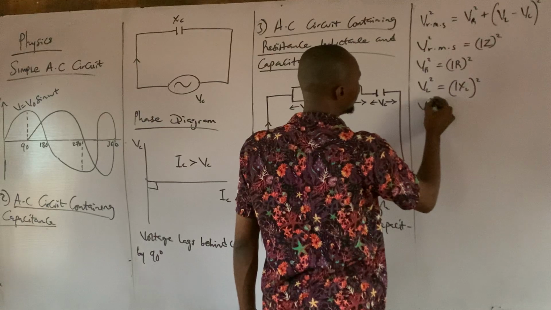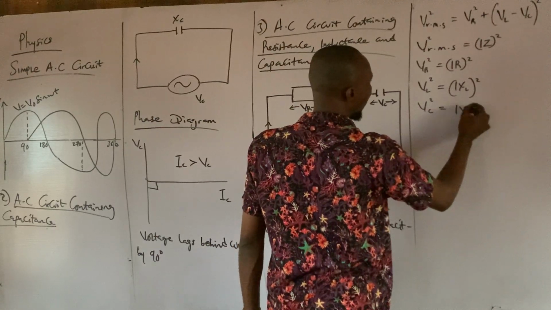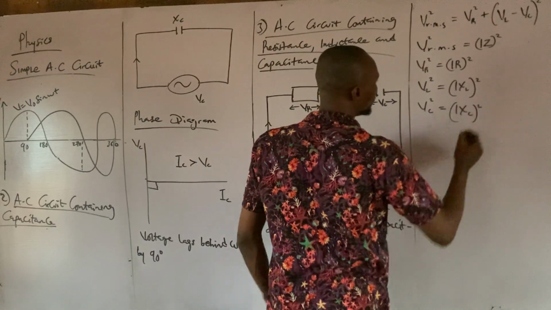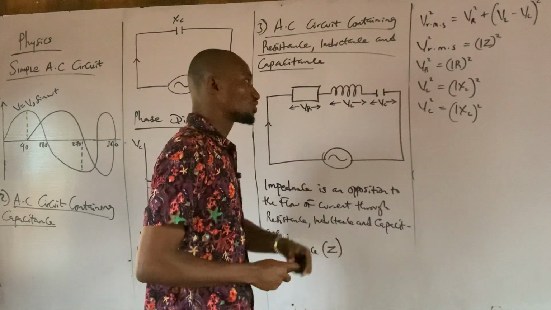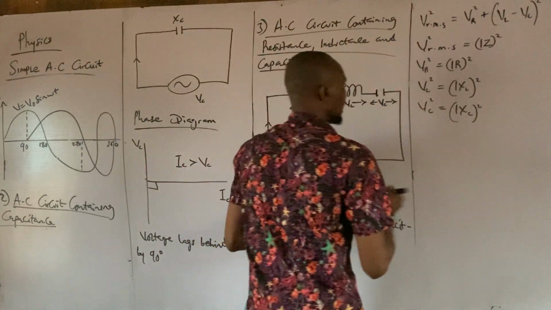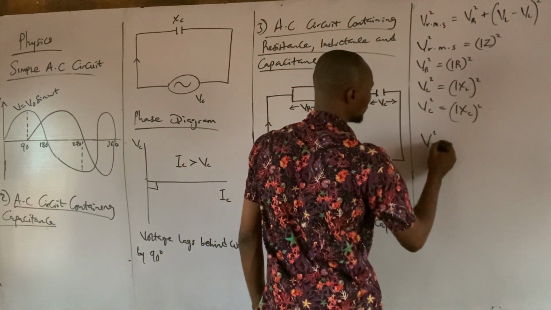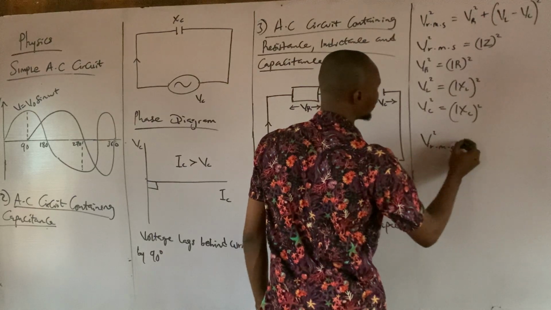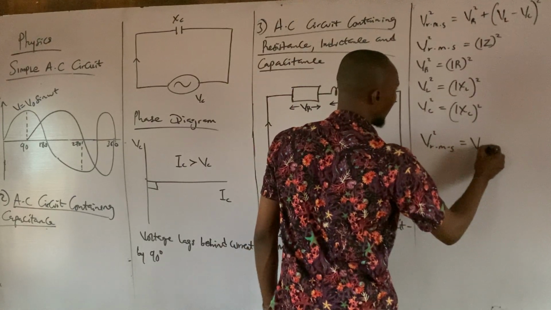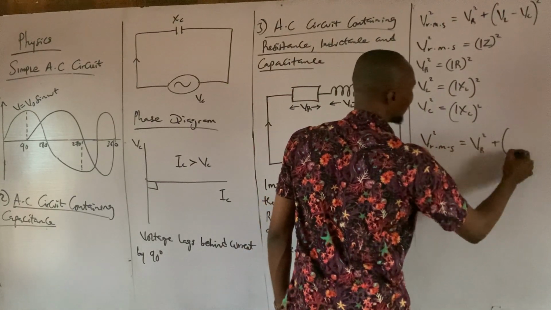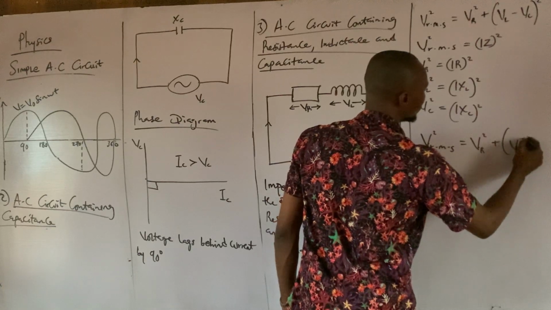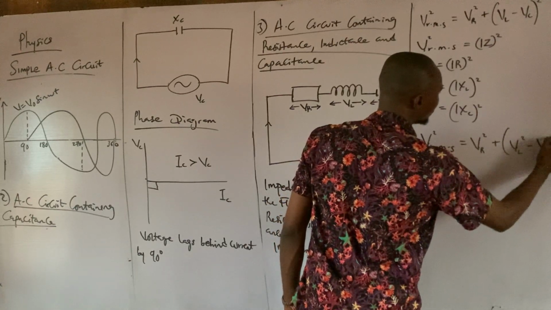This VC squared will be equal to IXC squared. Are you there? Let me repeat this: V squared equals VR squared plus bracket VL squared minus VC squared.